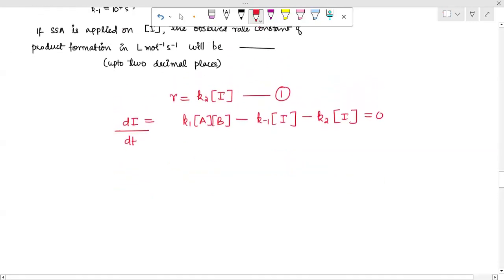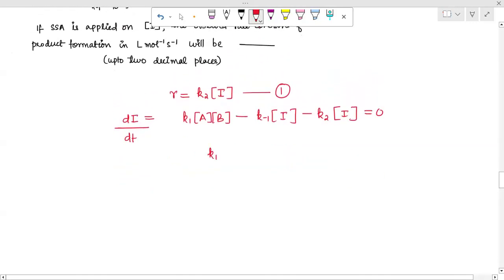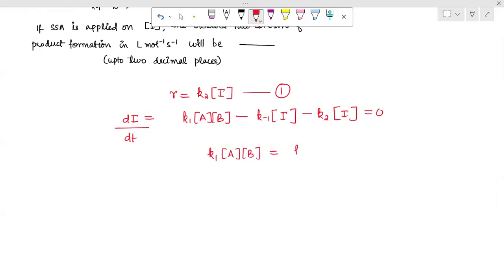Now, if I rearrange this, K1 concentration of A into B is equal to K inverse plus K2 into concentration of I. And the expression for the concentration of I is equal to K1 A into B divided by K inverse plus K2.